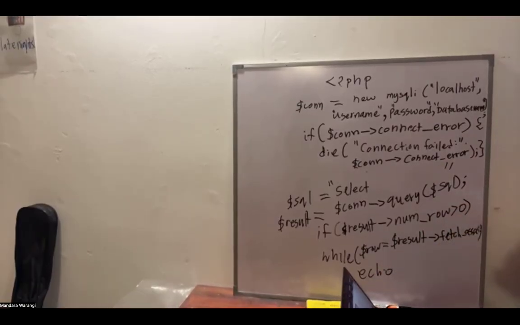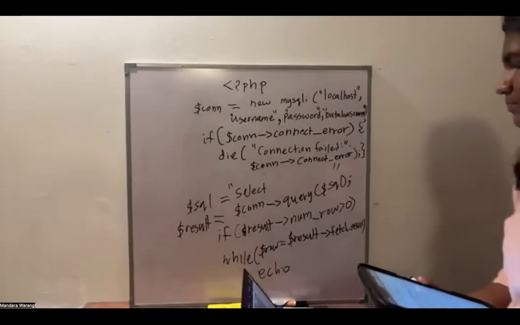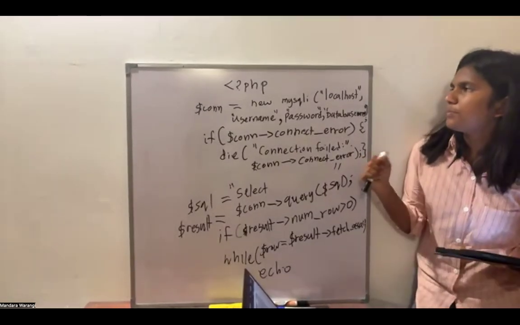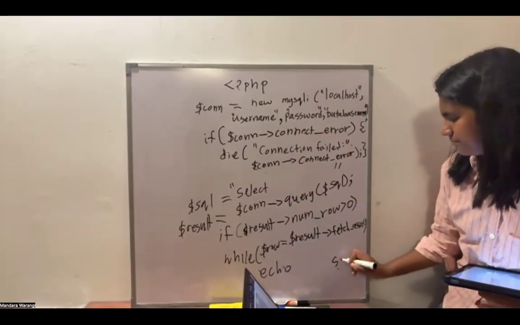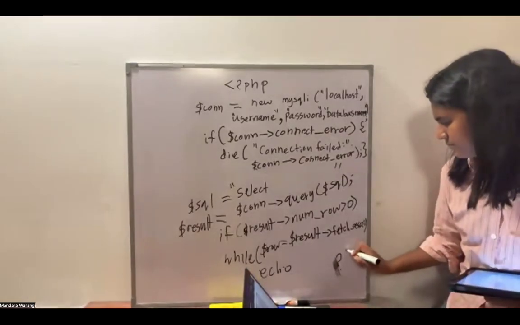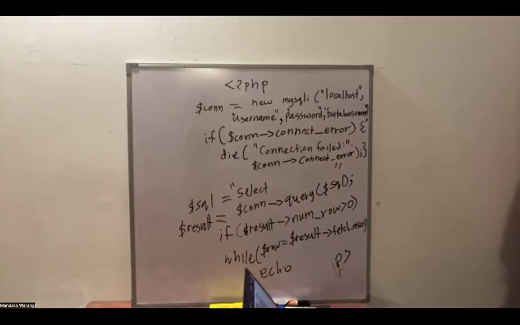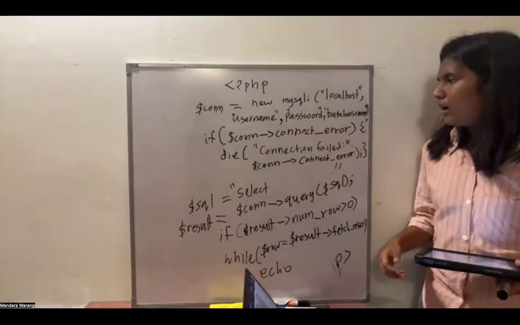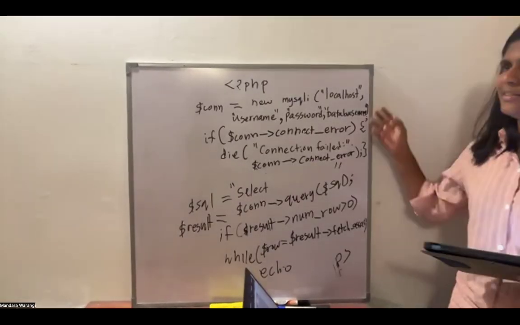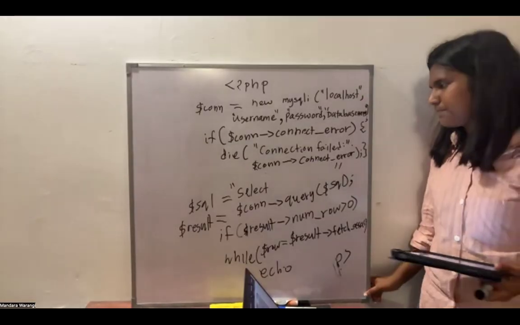So this is the main structure of the PHP connection. So you can close this connection like this, right? This is the main structure of the database, the SQL and the PHP connection, right?